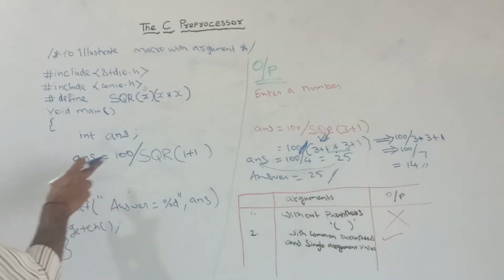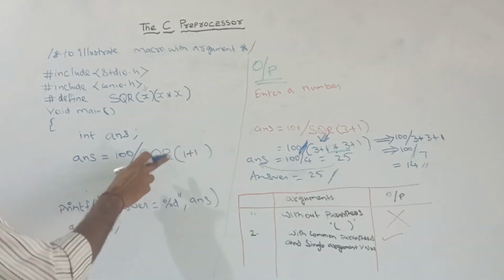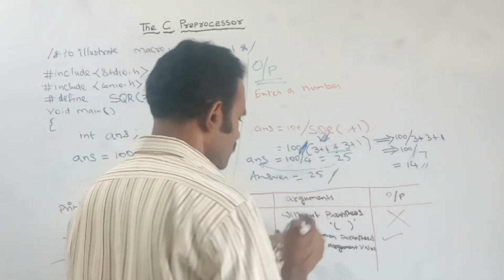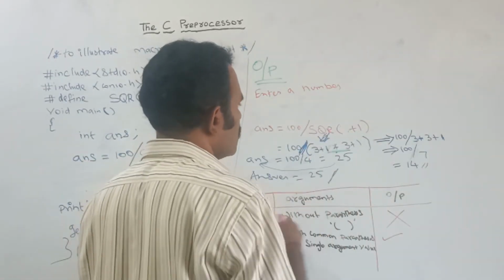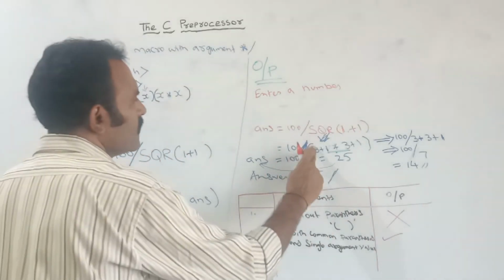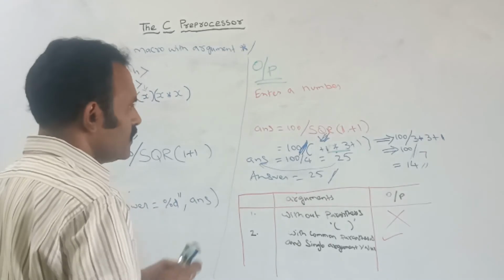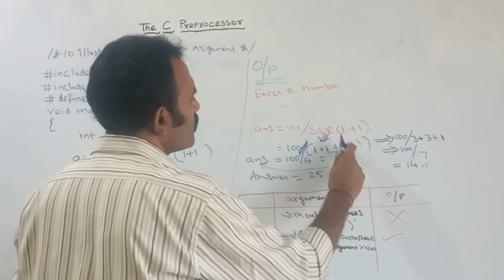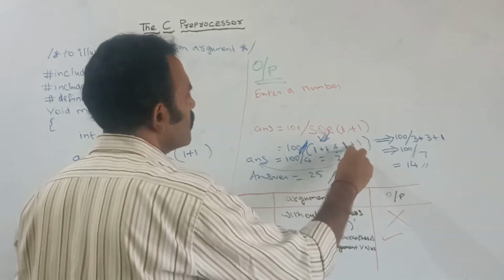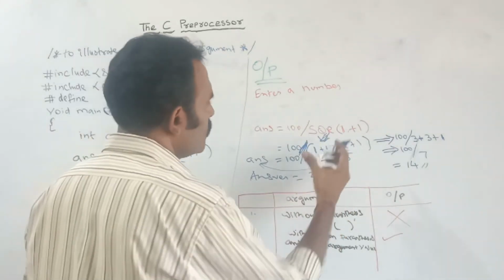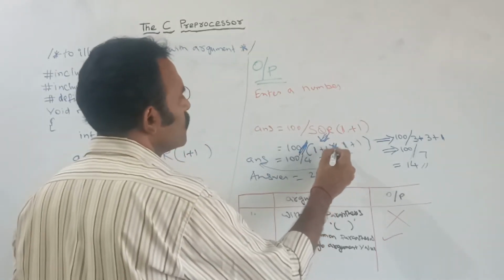After giving the 1 plus 1, this x will take the value 1 plus 1. After that, here 1 plus 1 into 1 plus 1, because x holds the value 1 plus 1.